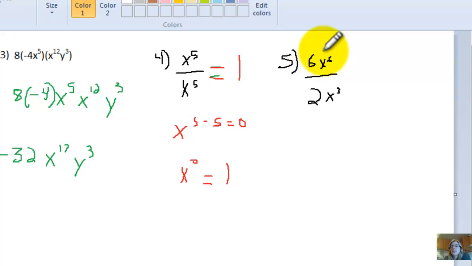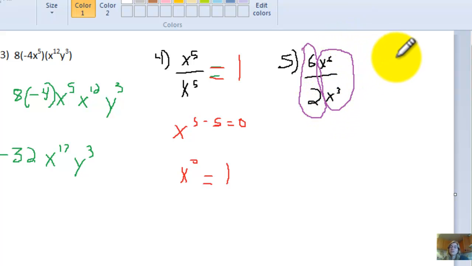Okay, and on this one, the trick is, let's see, what color should we use? Let's try purple. Look at the 6 over the 2 as combining like terms, combining the numbers, and you look at these that you can combine according to exponent rules with division. For exponents, you subtract the exponents with division.